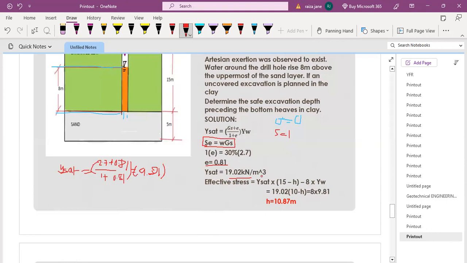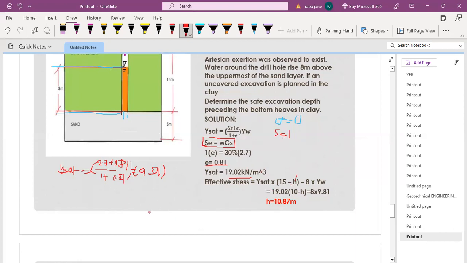Aside from that, suppose that the depth of excavation will be h. We will call it h. So, our effective stress will still be zero at that bottom.